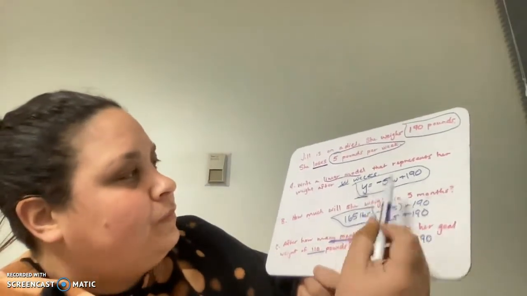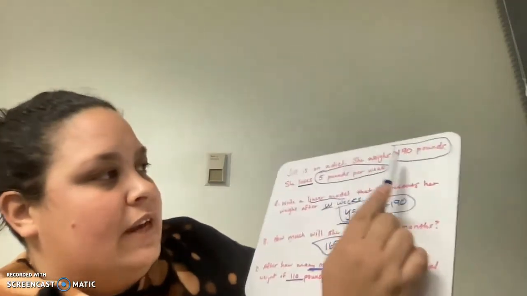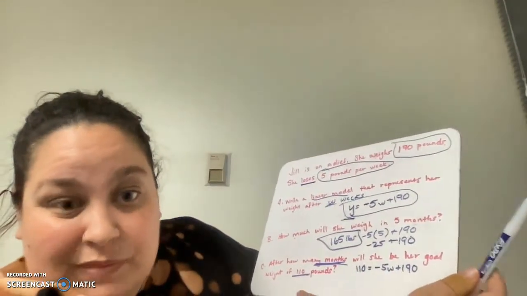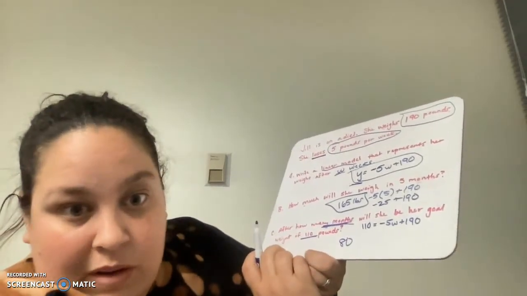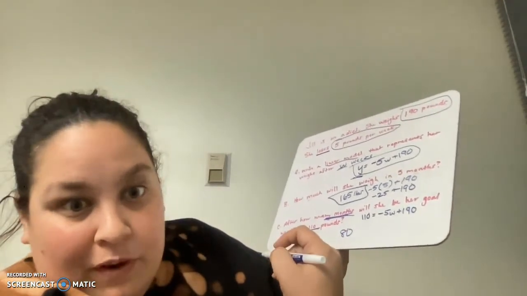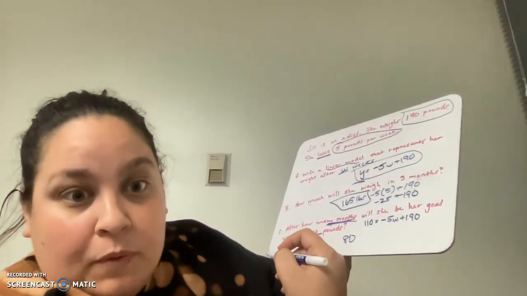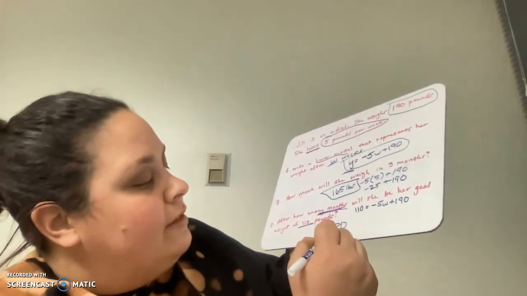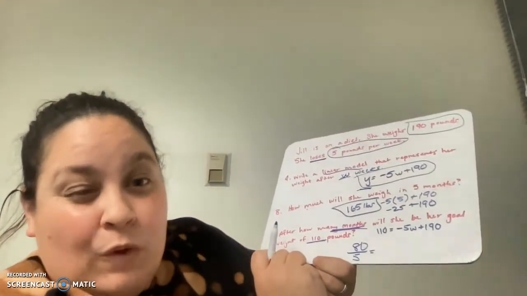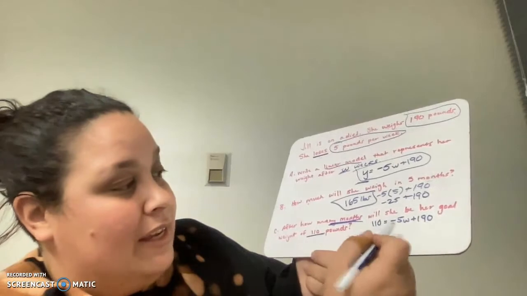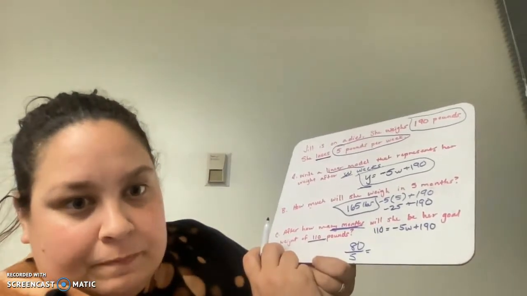So we know that from 110 to 190 is 80 pounds. So she needs to lose 80 pounds. And we know that we're going to be losing 5 pounds per week, right? So if I divide this by 5, that's going to tell me how many weeks I have to wait in order to get down to my goal weight, right?